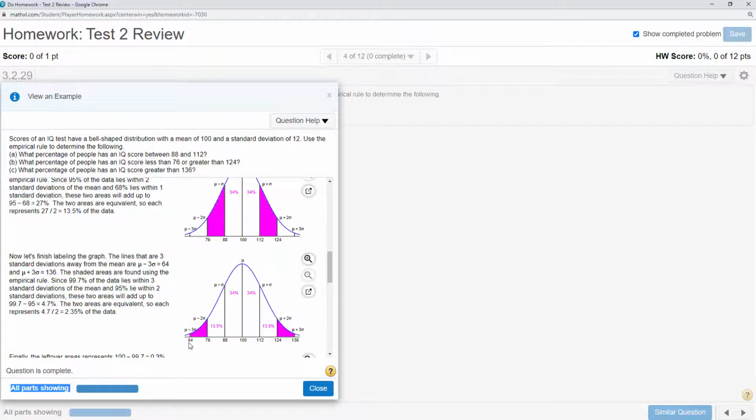And within 3 deviations, we're going to have 99.7% of the data. The difference between two deviations and three deviations is 4.7%, that's in the purple. Since they're equivalent by symmetry, on each side there will be 2.35% of the data.